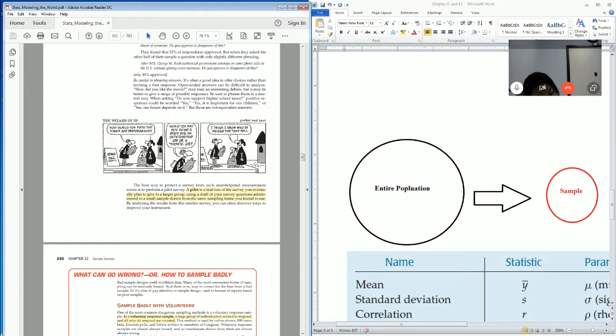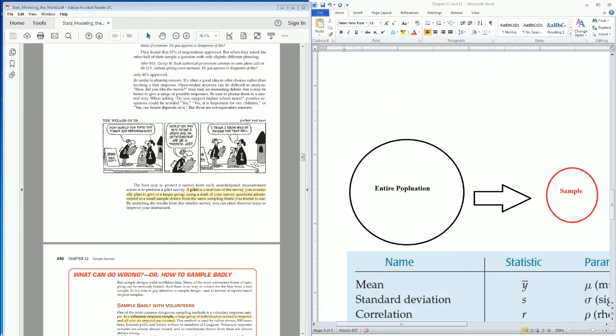We did an example question in class, and it asked for the sampling method, whether voluntary response or attempted census.